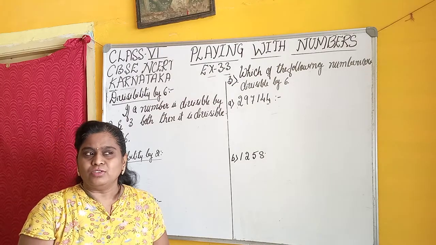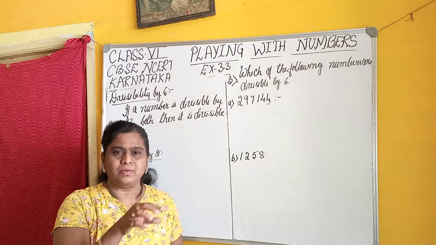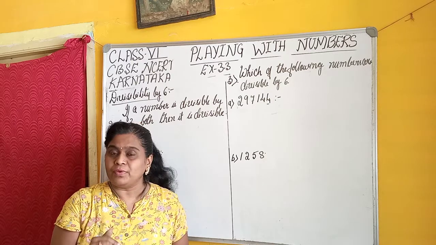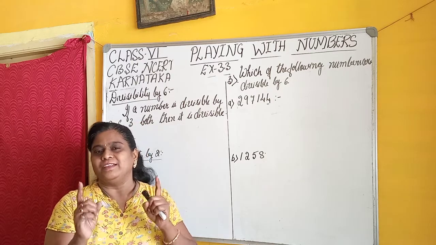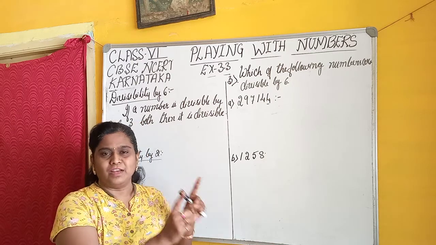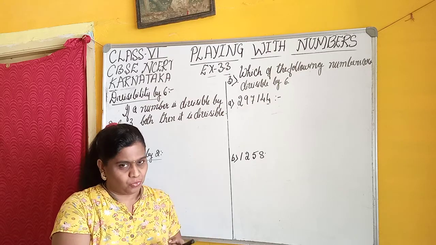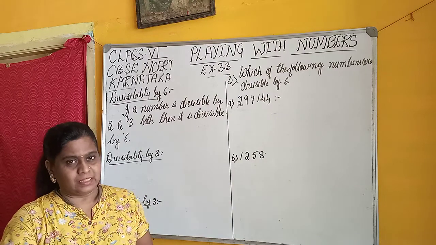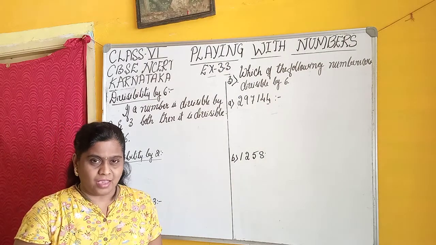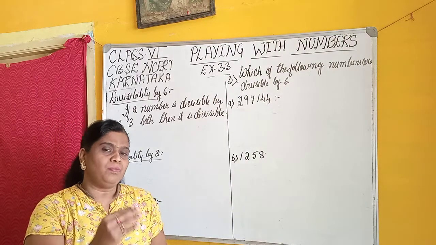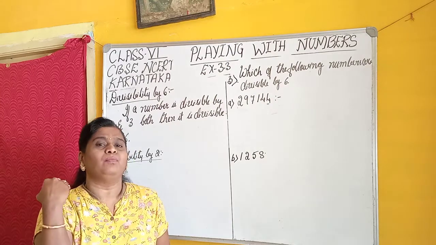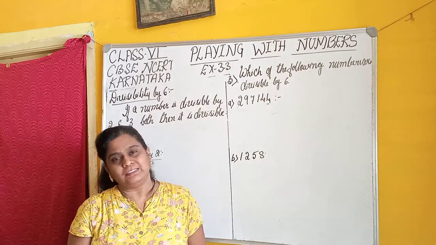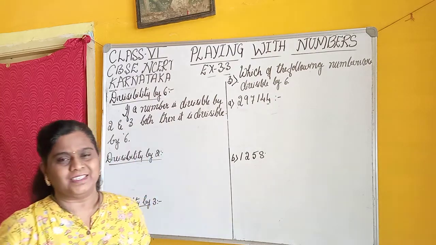To check if a number is divisible by 6, what we have to do, children? Let us check if that number is divisible by 2 and also if that number is divisible by 3. In case that number is divisible by both 2 and 3, then it is divisible by 6.